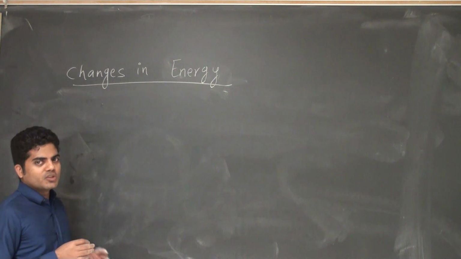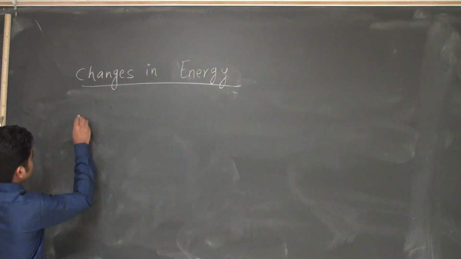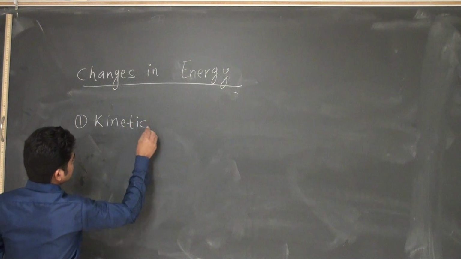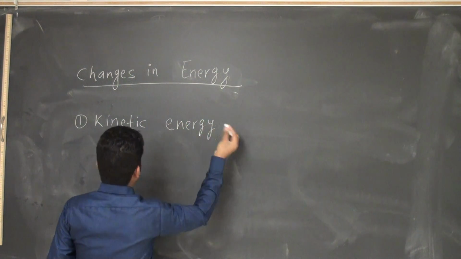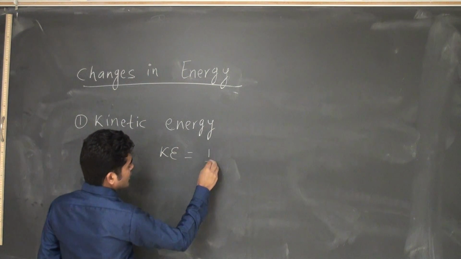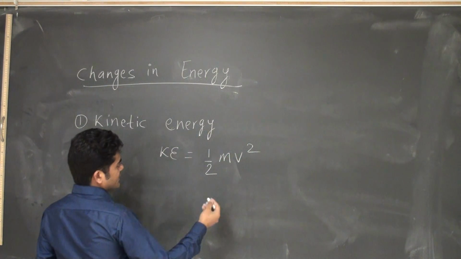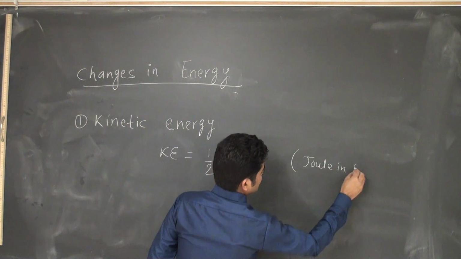Our only goal is to focus on translational kinetic energy. The formula for kinetic energy is kinetic energy equals 1/2 mass times velocity squared, and the unit is joule in SI.